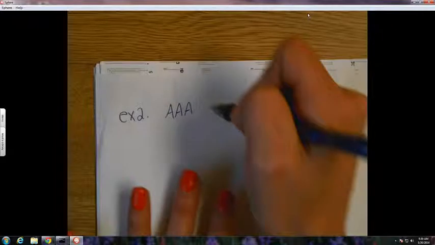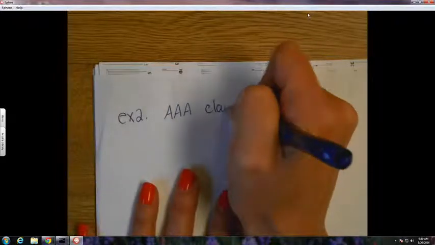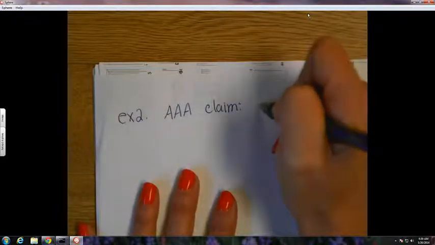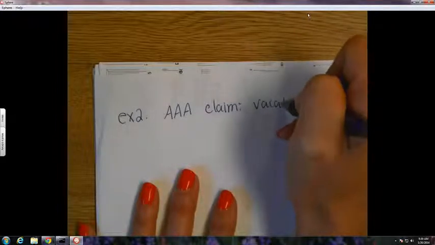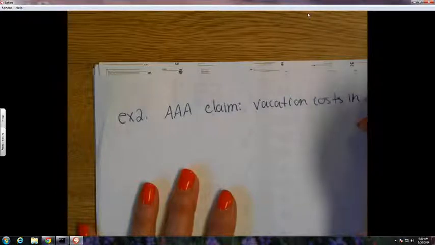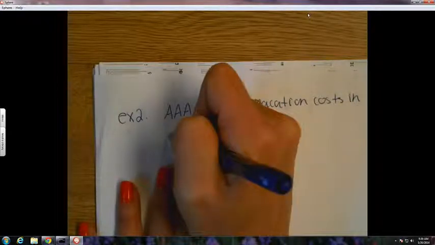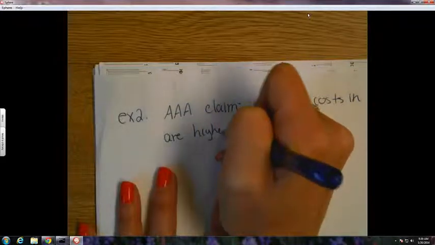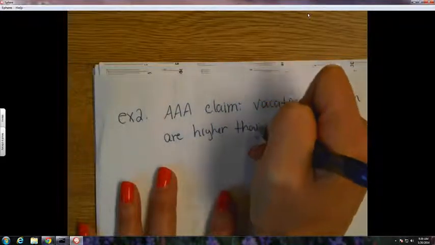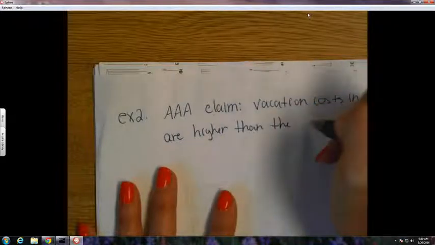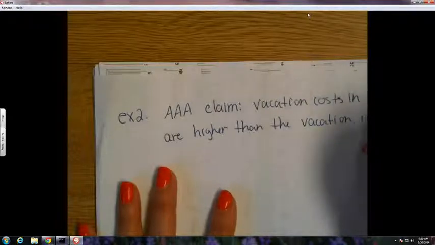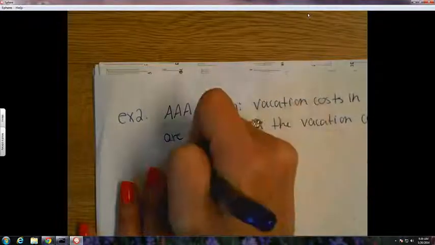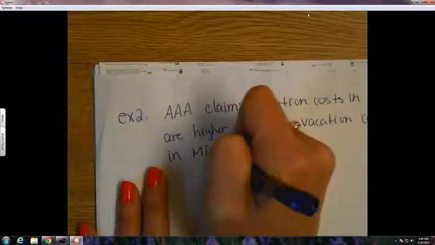So their claim is that the vacation costs in Florida are higher than the vacation costs in Maryland.